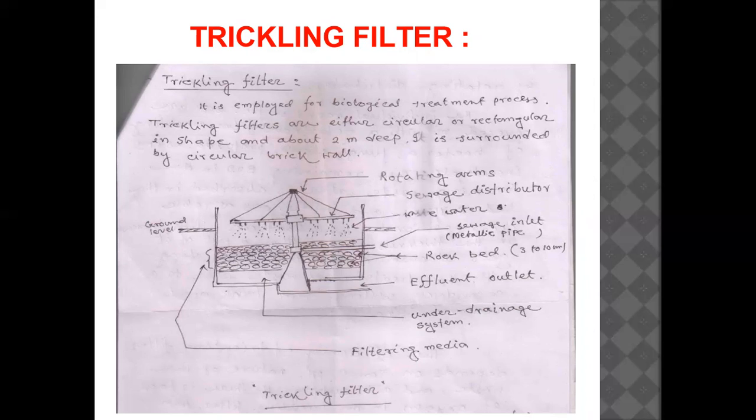The depth of the trickling filter is about 2 meters. The shape of the filter is either circular or rectangular. There are different parts: rotating arms, sewage distributor, waste sewage inlet, rock beds with diameters of 3 to 10 centimeters, effluent outlet, and under drainage system.